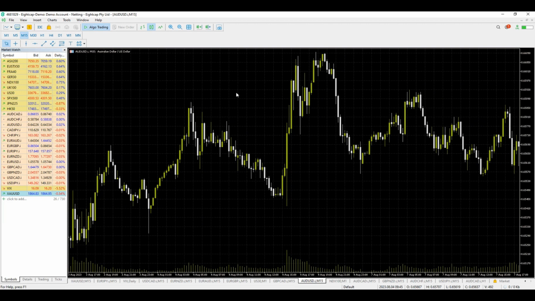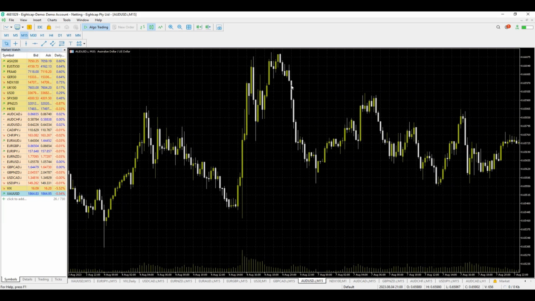This can work on multiple time frames, smaller or higher, but what I've seen personally is on the 15-minute time frame it works very well, and that's my experience in the Forex market.